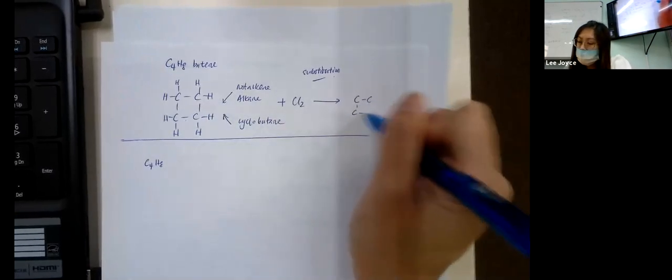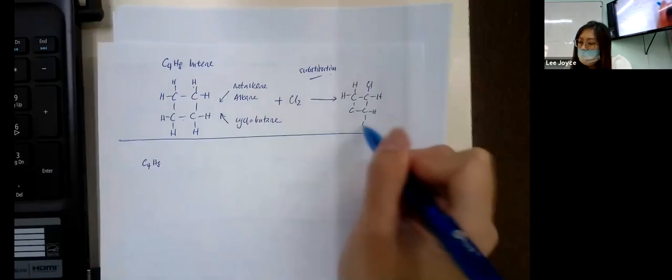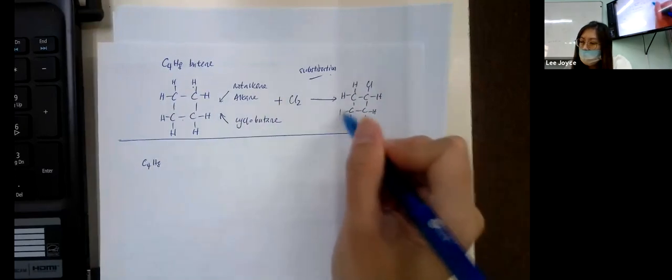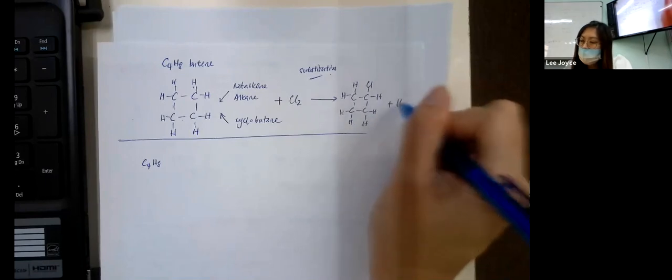It will replace one of the H, right? You can replace any H with a Cl, so I replace this H with a Cl, and I get HCl as a byproduct. You see, the pattern of the reaction is still the same as what we have discussed in the previous chapter for the alkane.